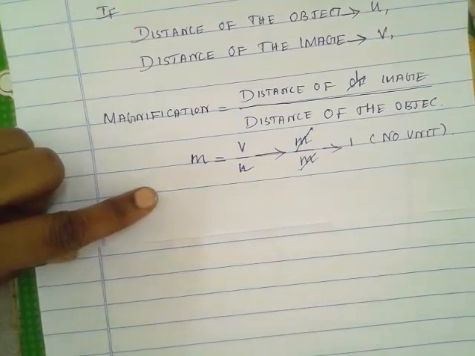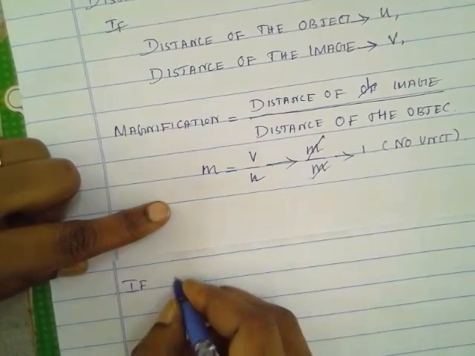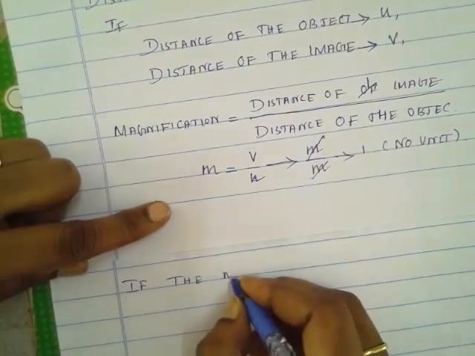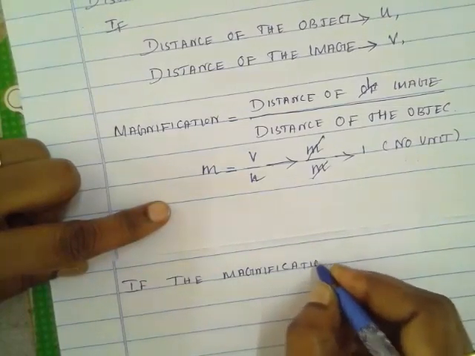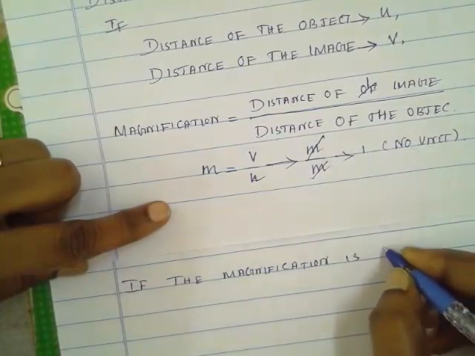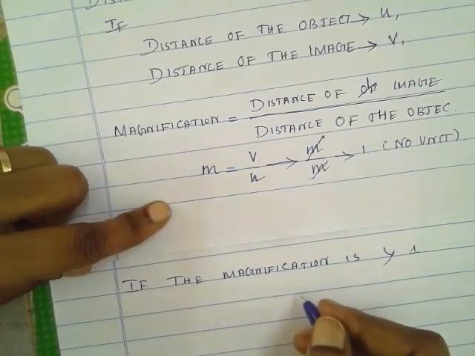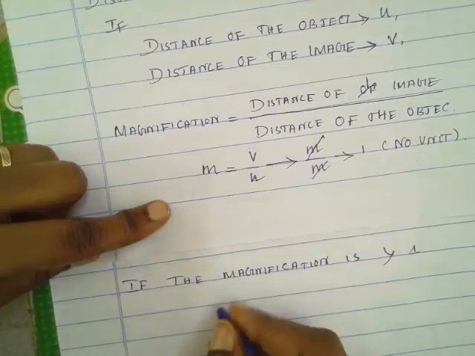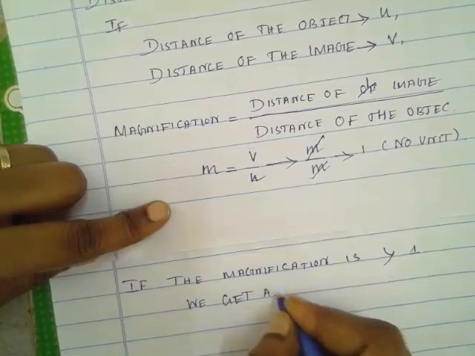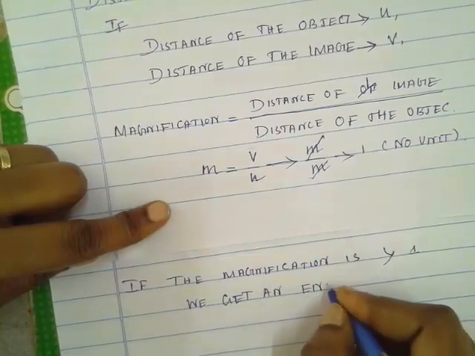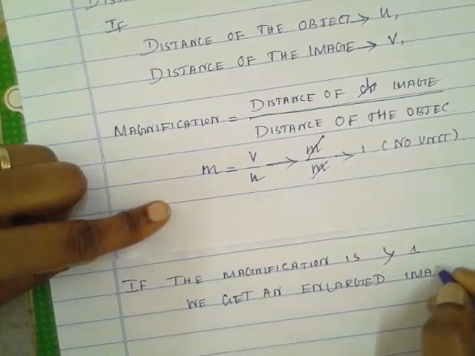And also, if the magnification is greater than 1, we get an enlarged image.